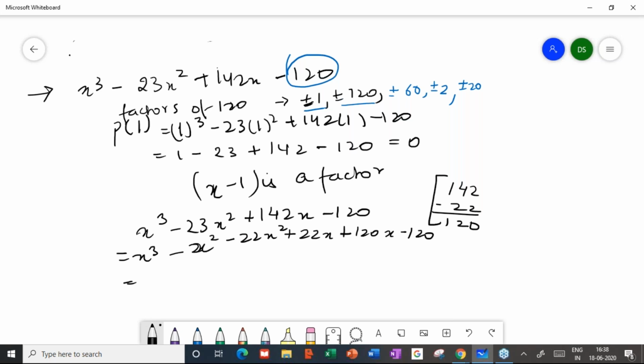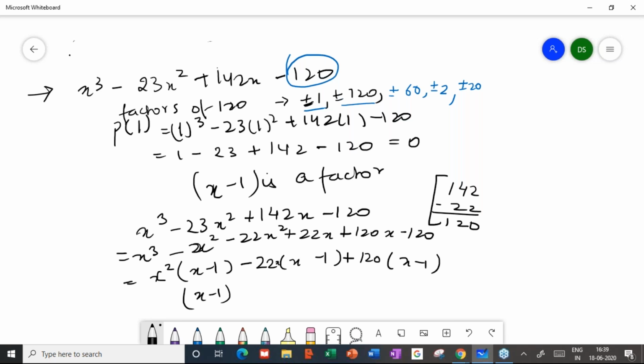Now I want x minus 1 as a bracket, so x common: x times x minus 1, x square common, x minus 1, then minus 22x common, x minus 1, right, 120 common, x minus 1. So I've got x minus 1 as one of the factors.